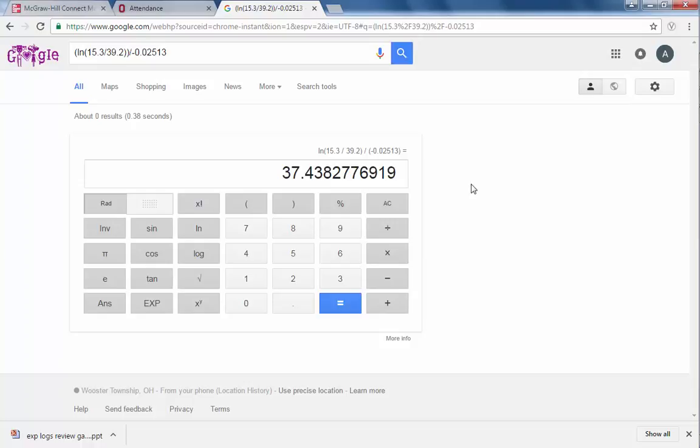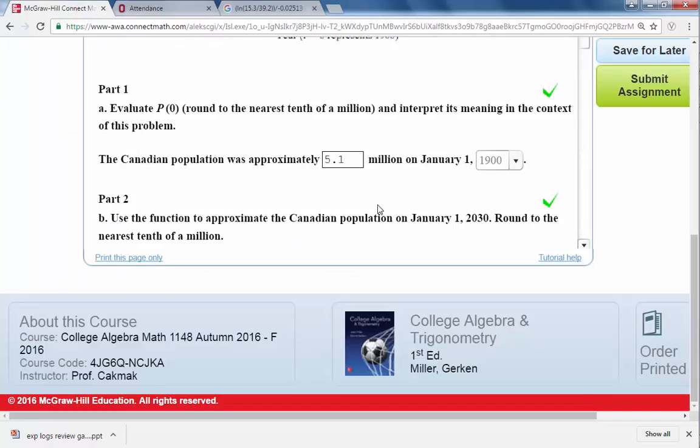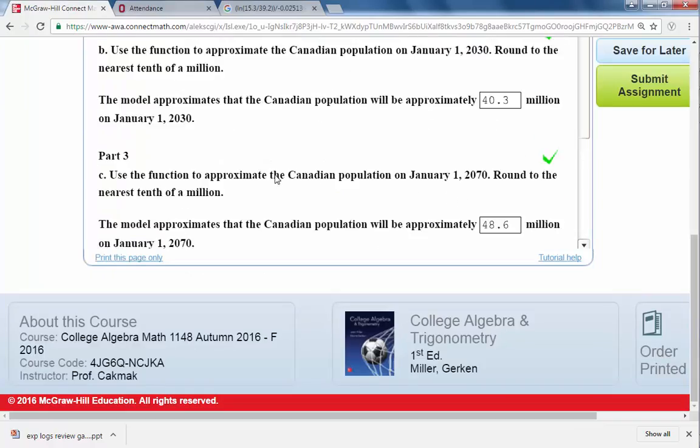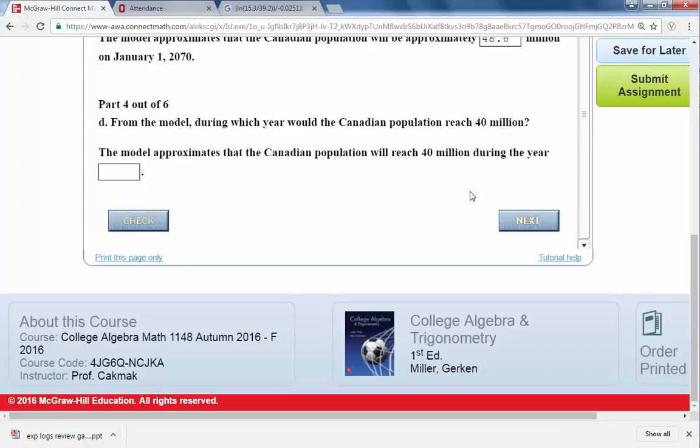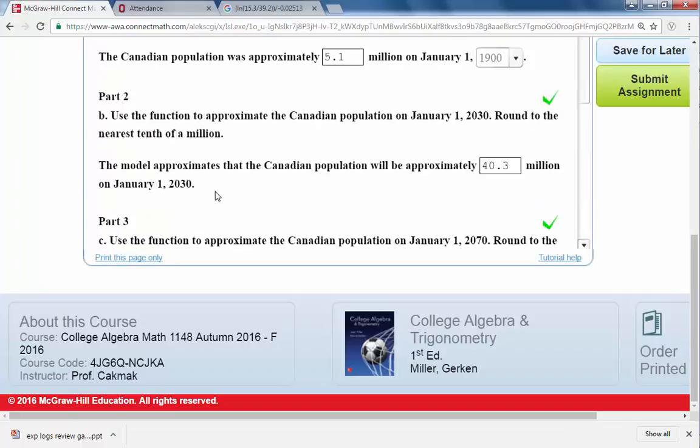Is it reasonable? Were you expecting that amount? Yeah, because in 40 years you're gonna reach... No, 30 years gave 40.3 million. This is not correct. It takes us 30 years to reach 40.3, so I'm expecting something less than 30 years to reach 40 million.